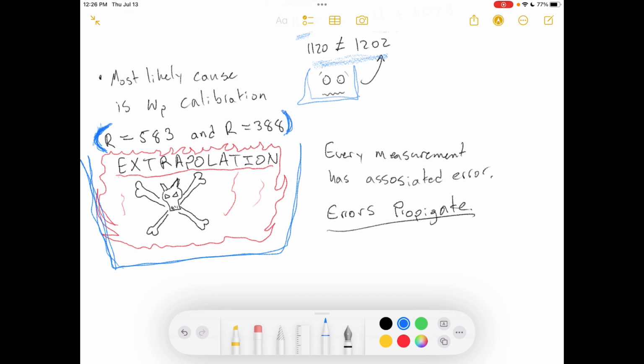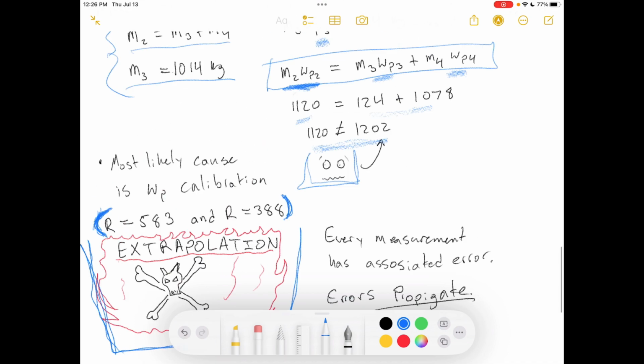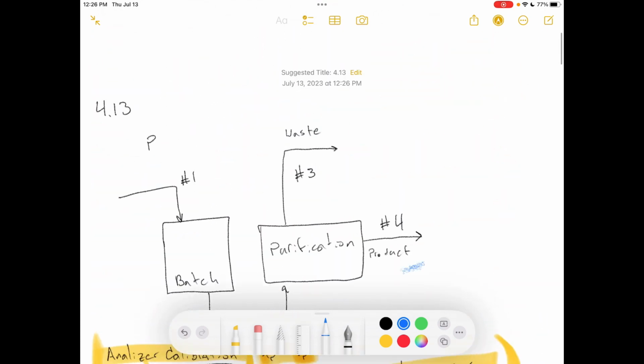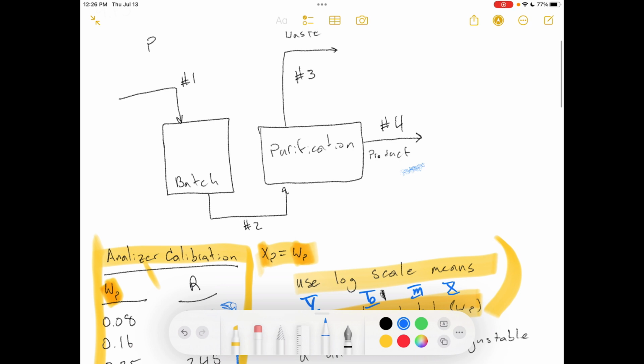So that's the most likely cause of this, that there's just an error in your calibration and you work through it. If you recalibrate and you find that this is still the case, then you dig a little bit deeper and take a look at our process here. Maybe we're not getting everything out of the batch that we thought we were.